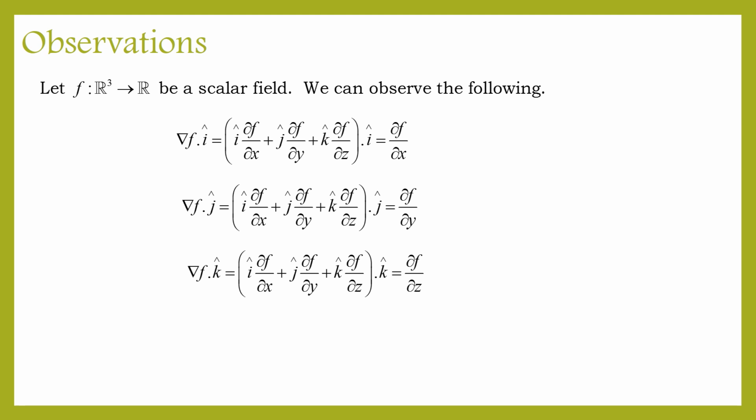If we want the directional derivative in the direction of the x-axis, we took the dot product between del f and I cap. Similarly, if I want the directional derivative in the direction of y, I took the dot product between del f and j cap. If I want the directional derivative in the direction of z-axis, I took del f dot k cap.